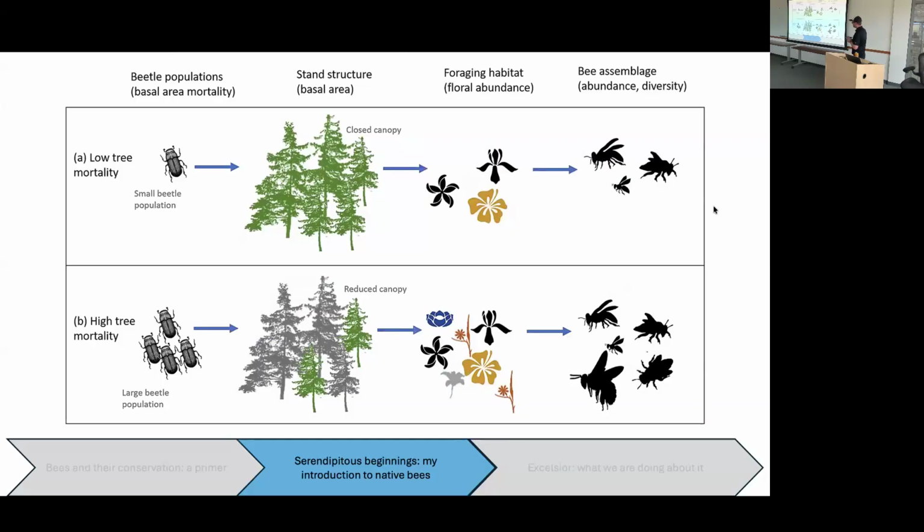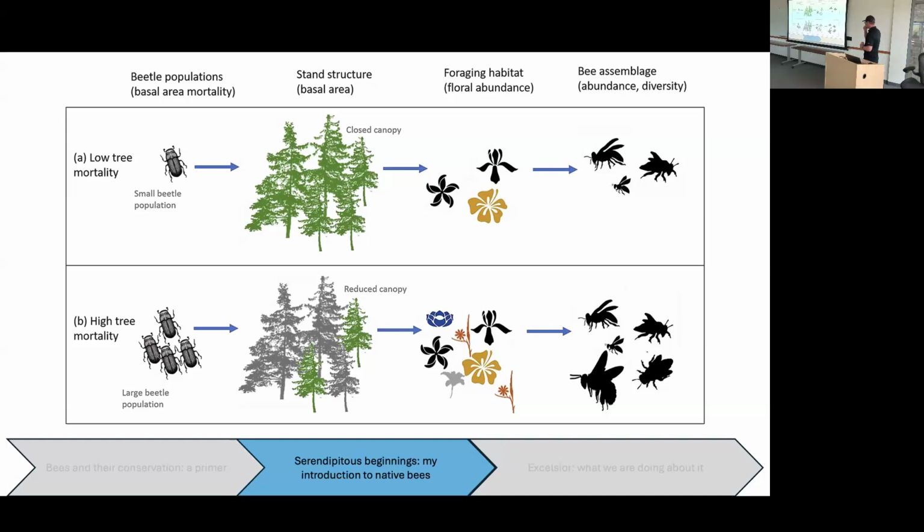The hypotheses that I had can be represented in this simple pictograph. A small bark beetle population results in a closed canopy. There should be fewer resources for bees and a more simplistic bee assemblage, versus a situation where bark beetle populations reach high density and reduce the canopy, which will eventually result in the recruitment of floral resources to that area, which could impact native bee assemblages.